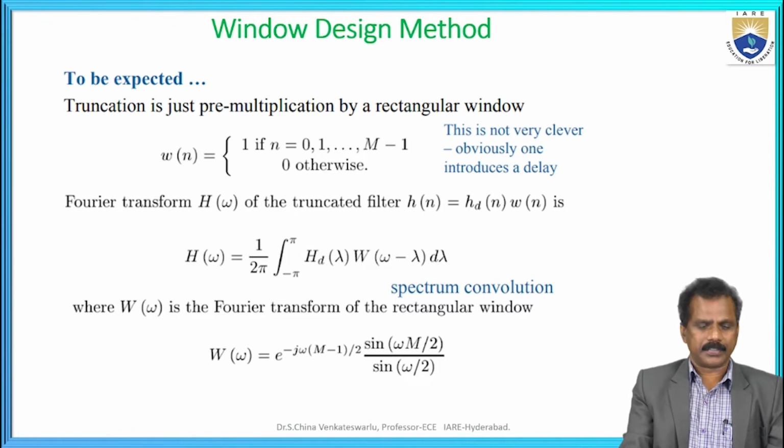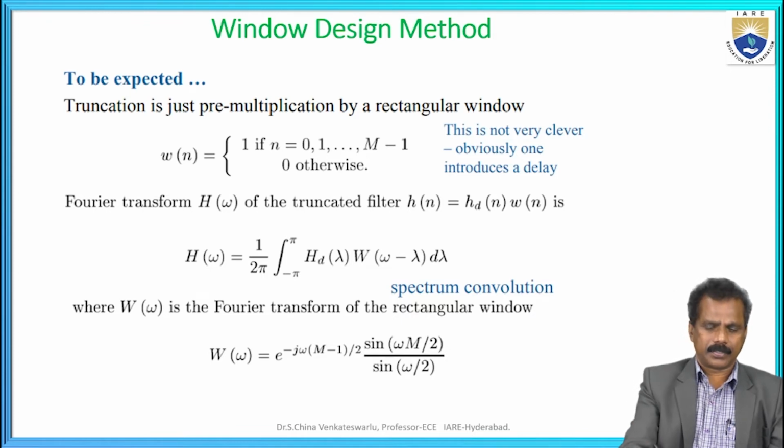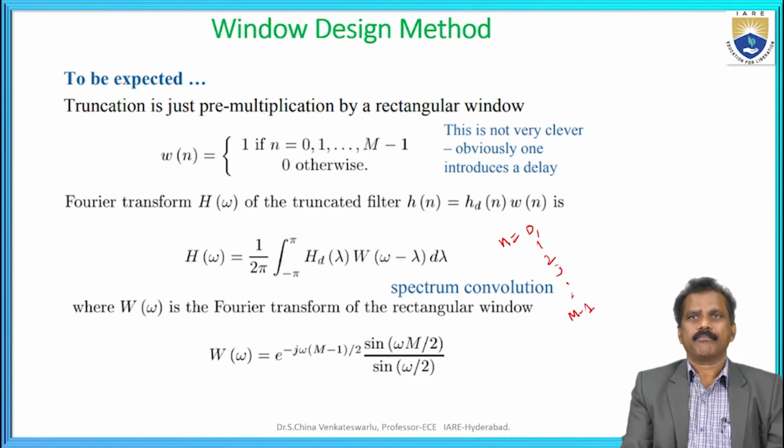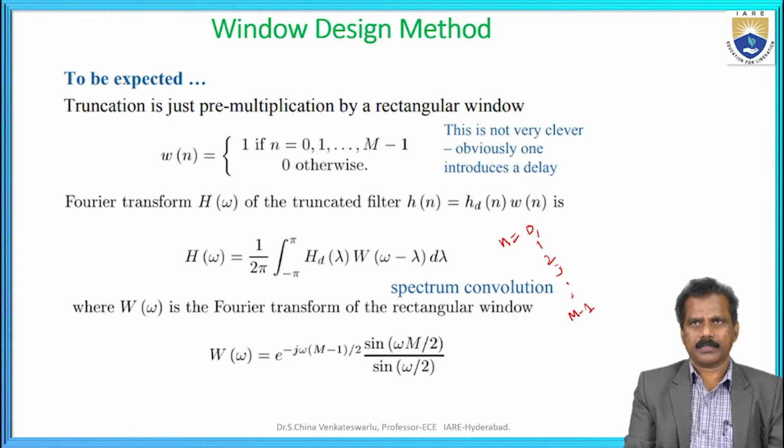We know that a rectangular window is defined as w of n equal to 1 for n equal to 0, 1, 2, 3 and so on up to capital M minus 1, and w of n equal to 0 otherwise.